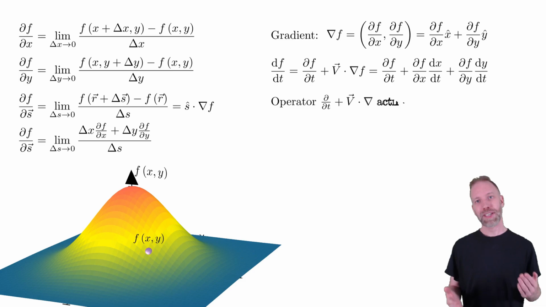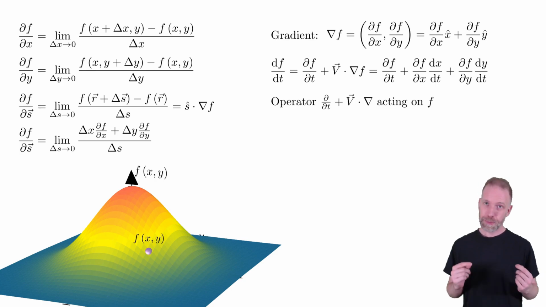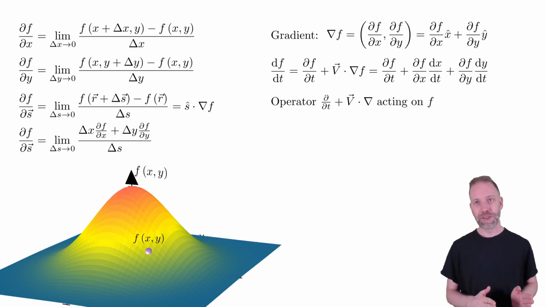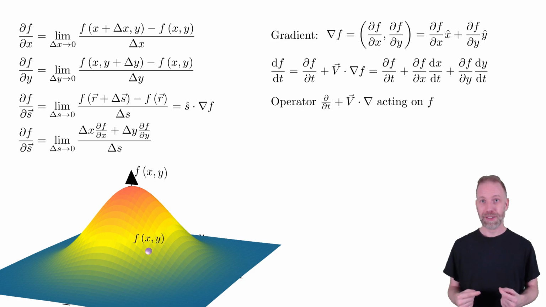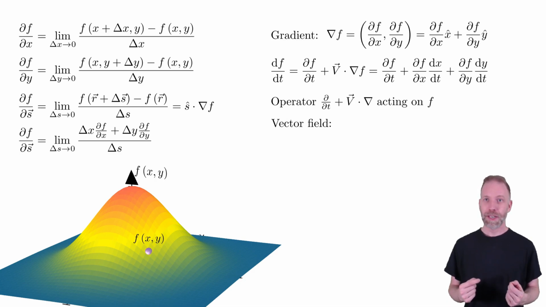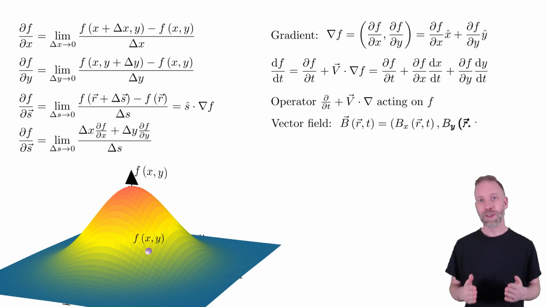Once again, we could consider d dt plus v dot nabla an operator that acts on the function f. In fluid mechanics, we call this the material derivative, and it will appear in several important equations. Let us try and apply the same to a vector field, here called the vector field B of r and t.